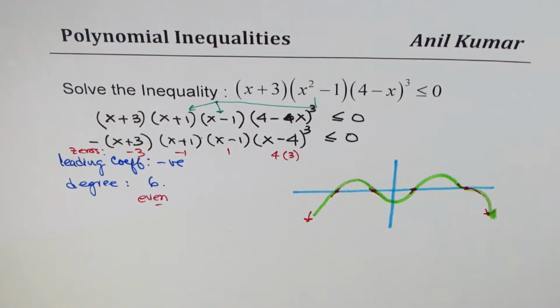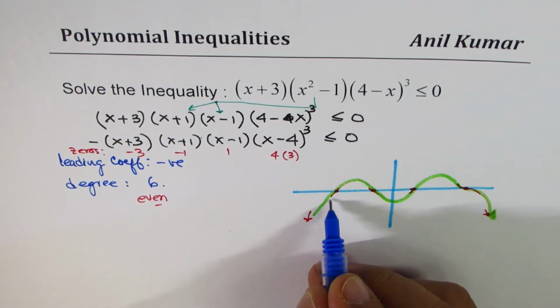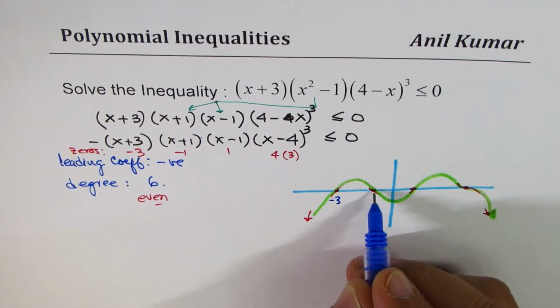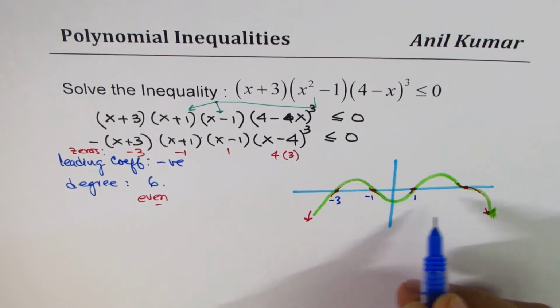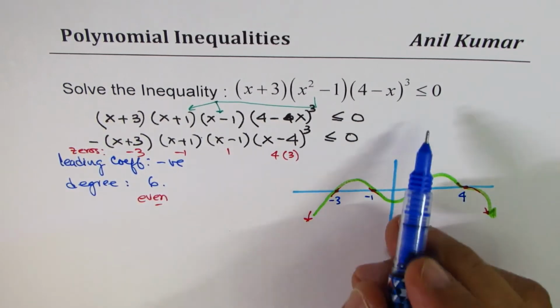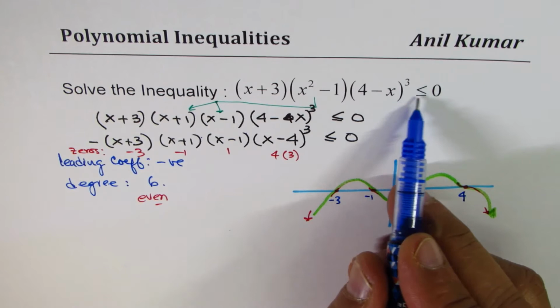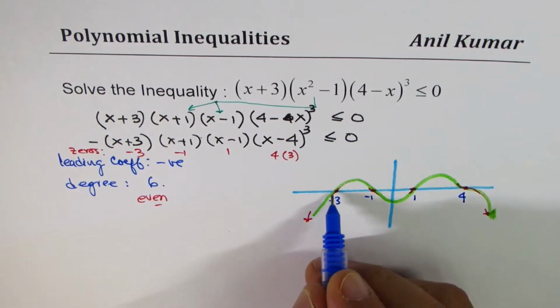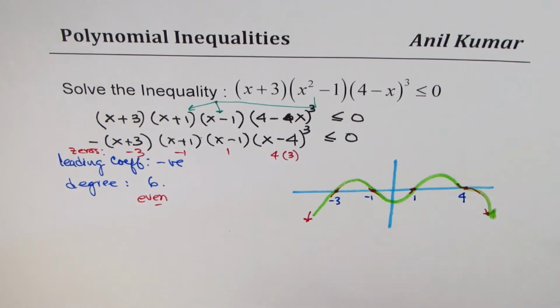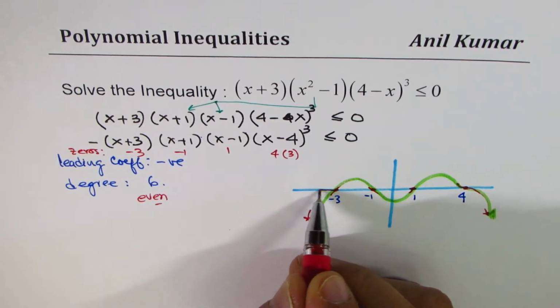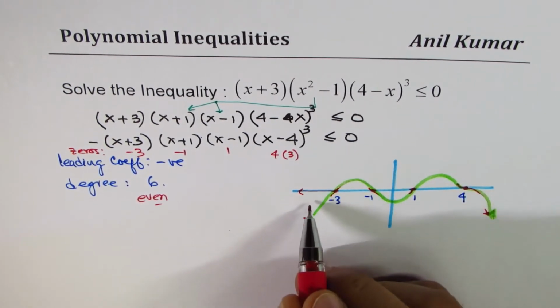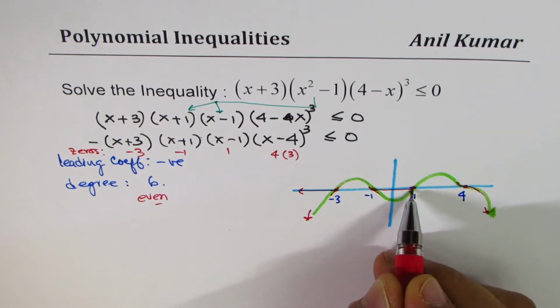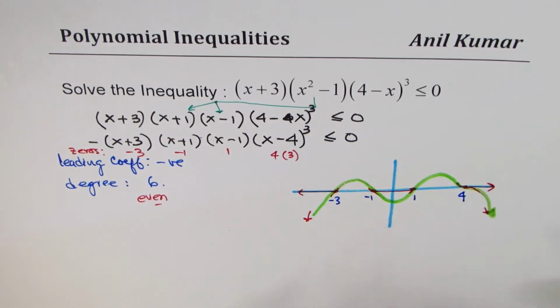From the graph, you can easily see what the solution should be, right? This point is minus 3, this point is minus 1, this is 1, and that one is 4. We're looking for something which is less than or equal to 0, including the zeros, these points. In between these, negative, and then this, correct?